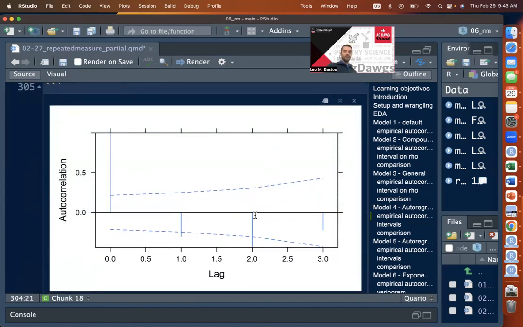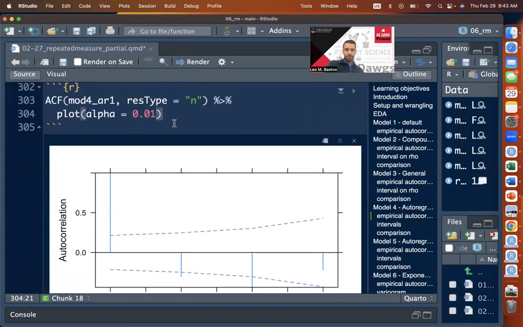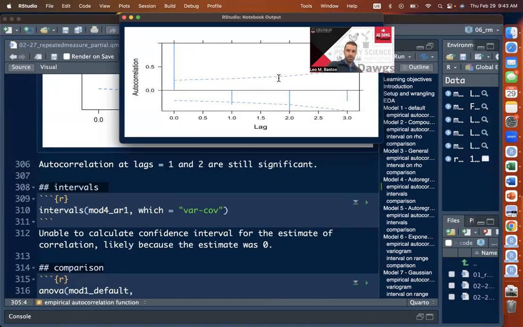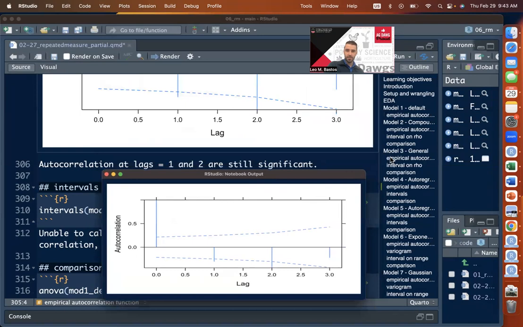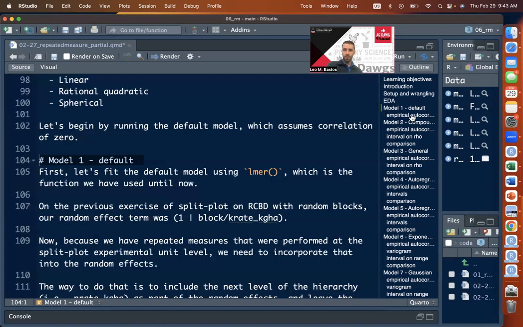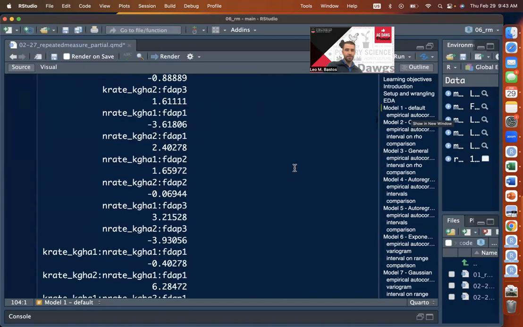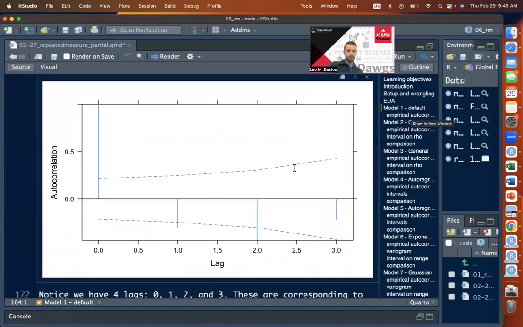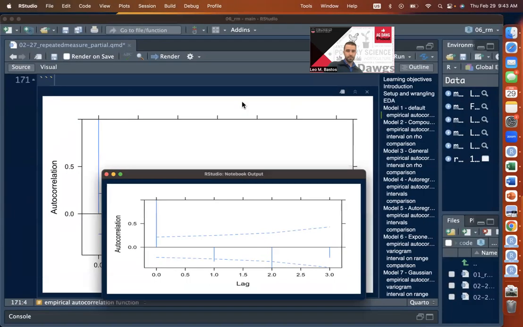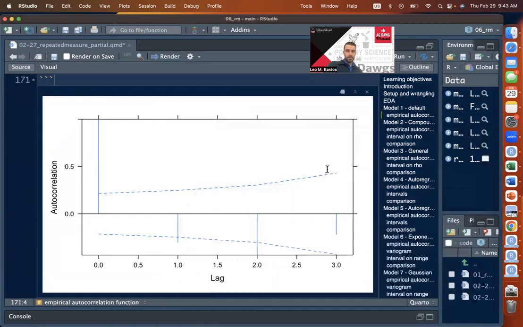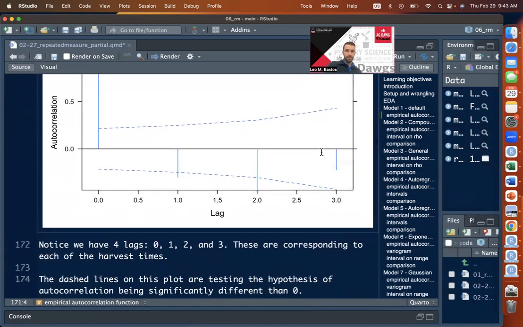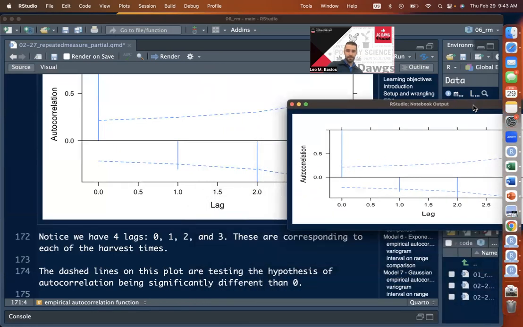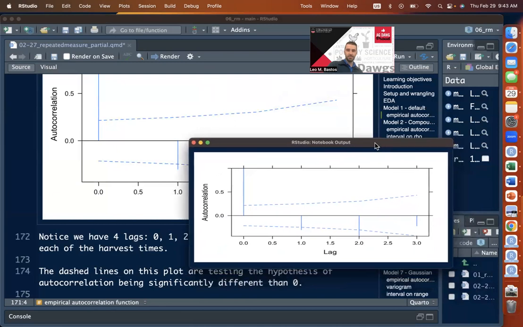It's interesting though. Well, actually, let me pop this out so I can show you something else for comparison purposes. So I'm going to come back to model 1 where we had the ACF for that model. So if you notice now, it's actually very similar, right?